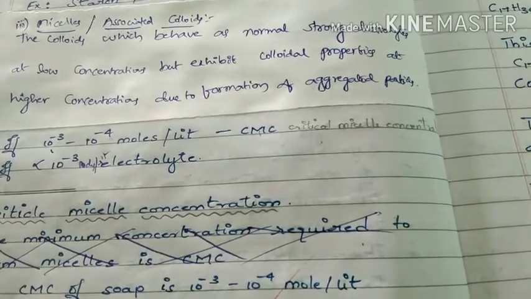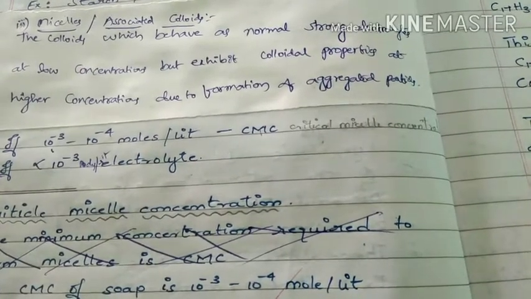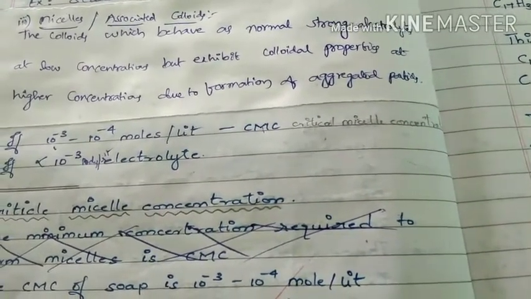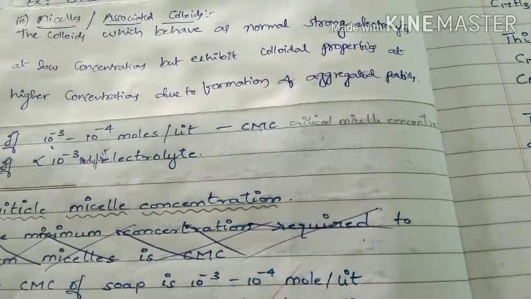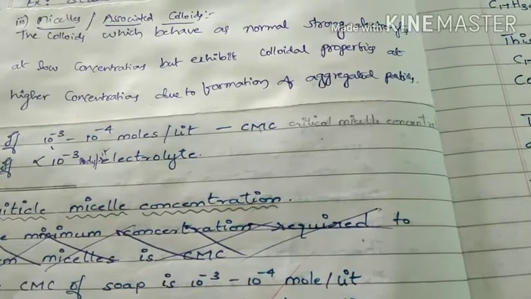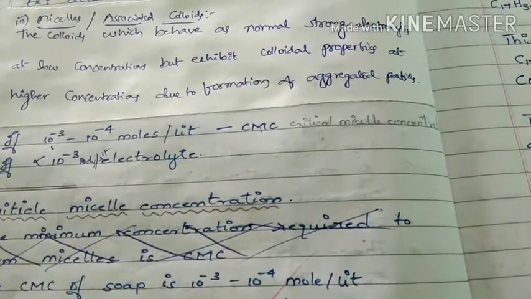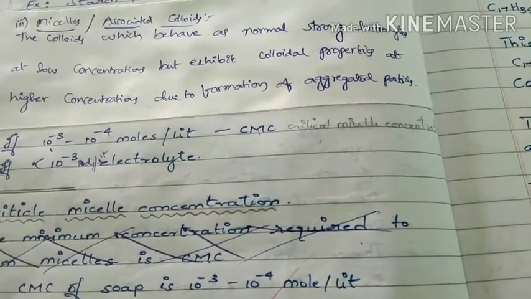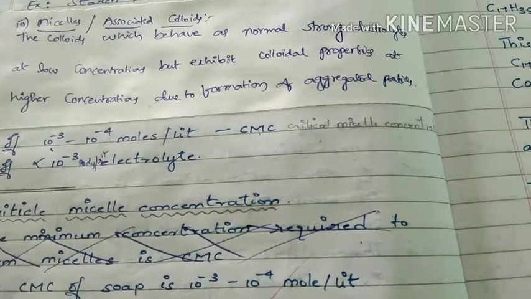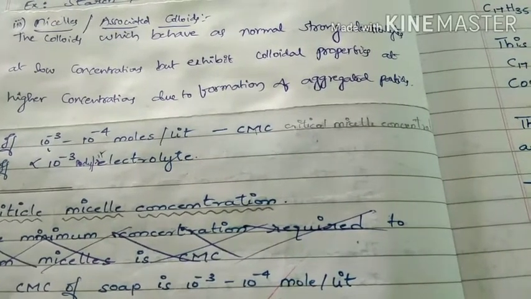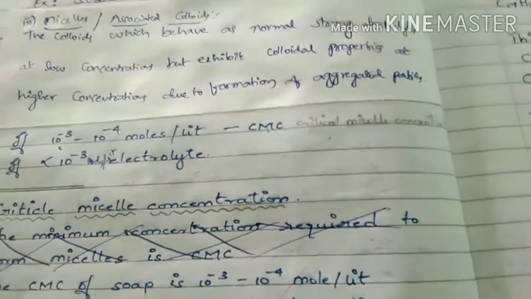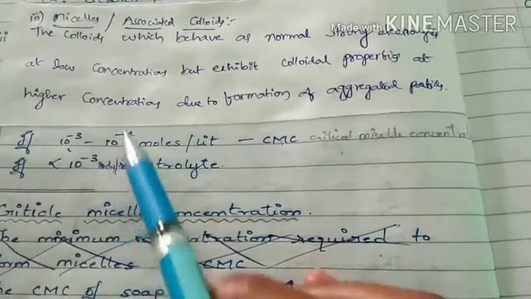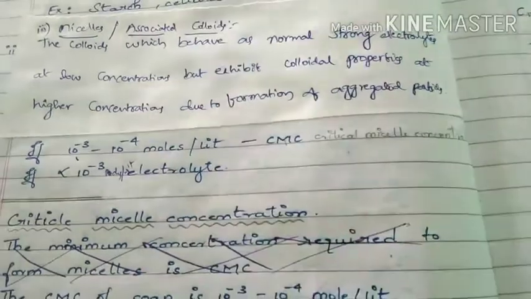If they become aggregate, that means if they become a group, then they form a bigger molecule. Then the size of the molecule lies between 1 millimicron to 1 micron. Then that solution is considered as colloidal solution. So if you understand these 2 points, then you can get the definition.